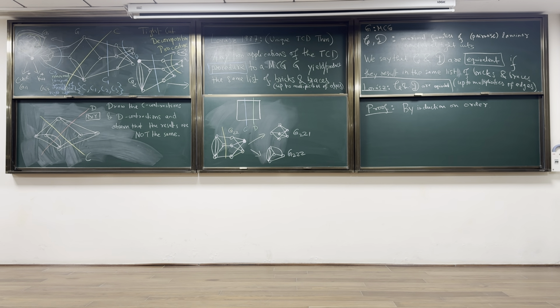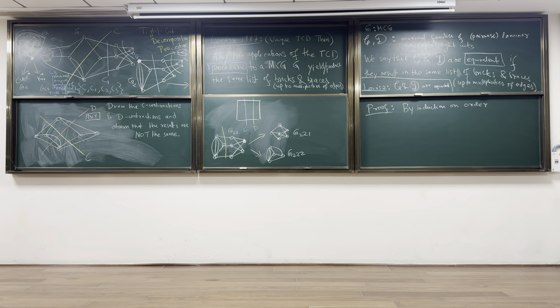So the statement we are proving is, in any matching covered graph, if I give you any two such families, maximal families of laminar non-trivial tight cuts, then the statement says that they are equivalent. Of course, if the graph is a brick or a brace, then we are done, right?